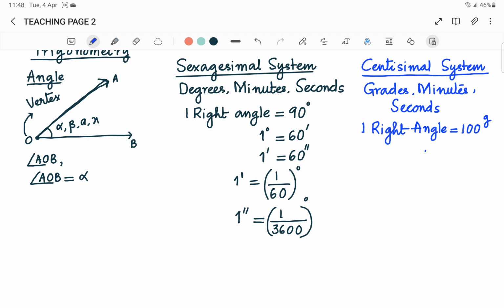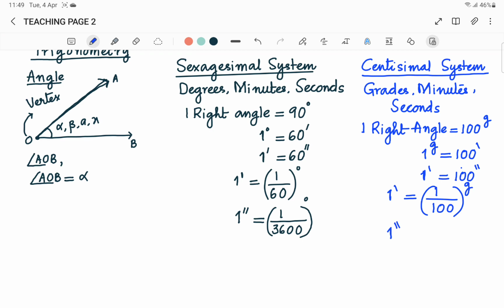Now one grade is divided into 100 equal parts and each part is called a minute. And 1 minute is divided into 100 equal parts and each part is called a second. If you want to convert minutes into grades, 1 minute can be written as 1 by 100 grades.